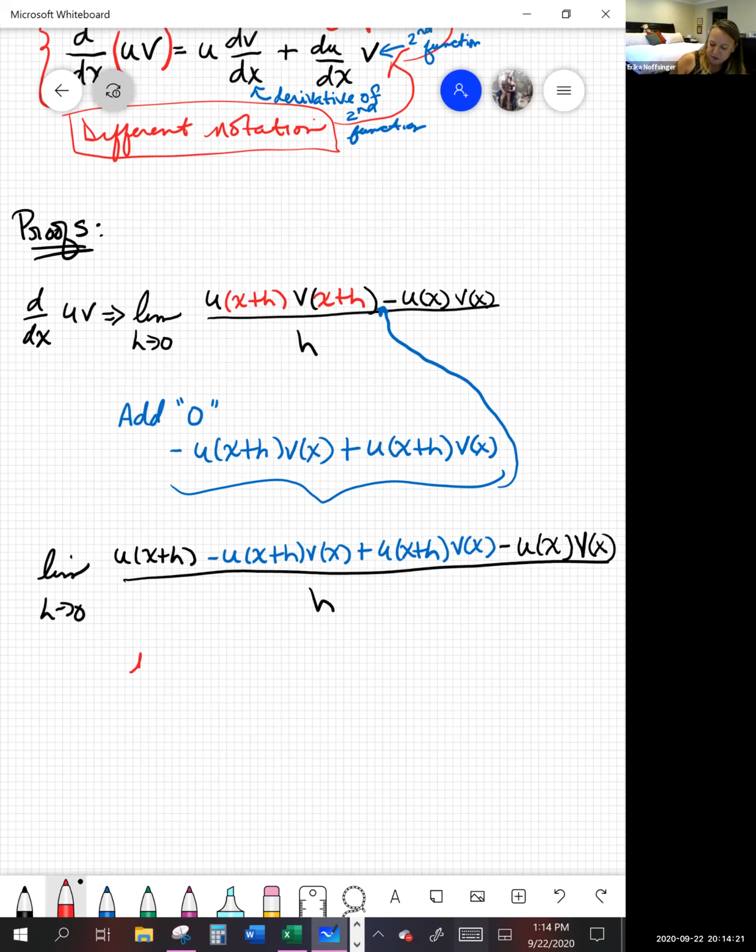So let's factor by grouping in our numerator.